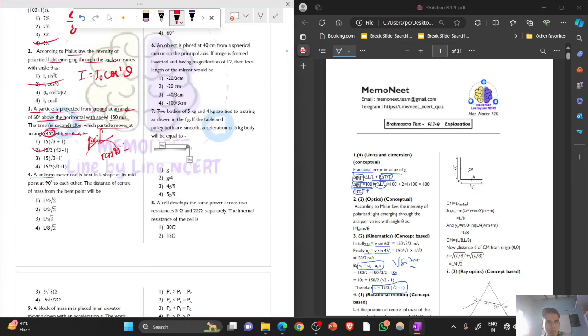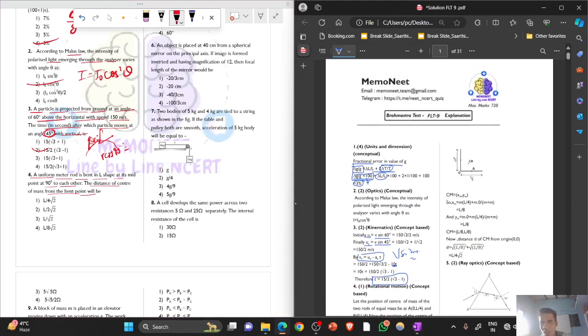A uniform meter rod is bent in L shape at its midpoint at 90 degrees. The distance of the center of mass to the bend of the L will be. Okay, it is asking about the uniform rod and the center of mass concept. Now, this is your L shaped body. You know the center of mass lies along the axis of symmetry. So the axis of symmetry will be this. So the center of mass will be somewhere here.